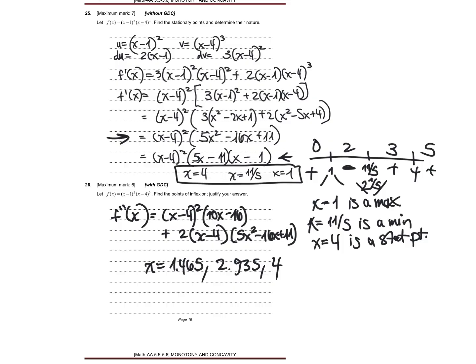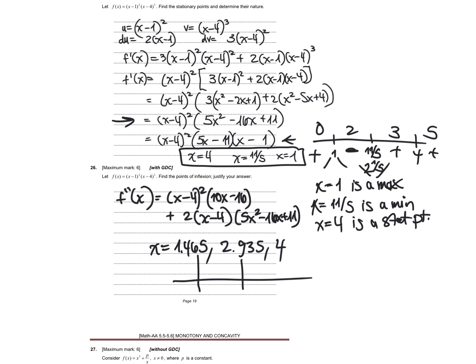So we need to check in the second derivative, but we've got a graph, which is great. So these are our zeros, and we need to check on either side. So 0, and then 2 is in the middle there, and then 3, and then 5. You can just do graph trace on your graph, but you can also just see what's going on.